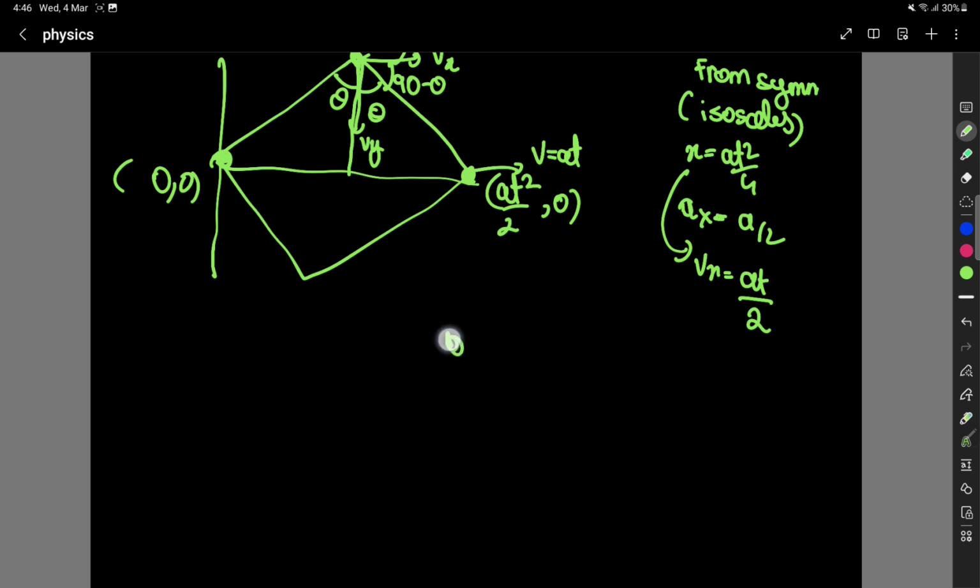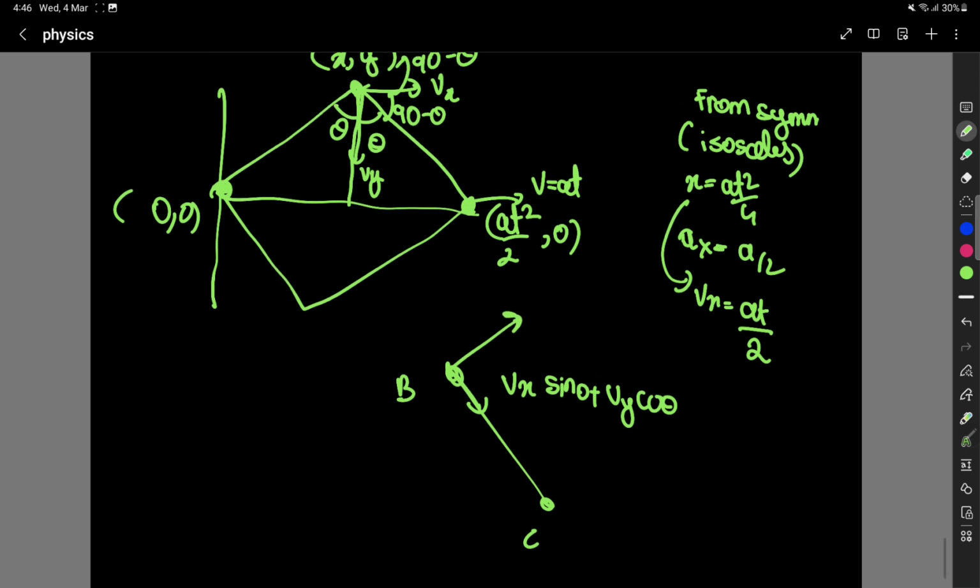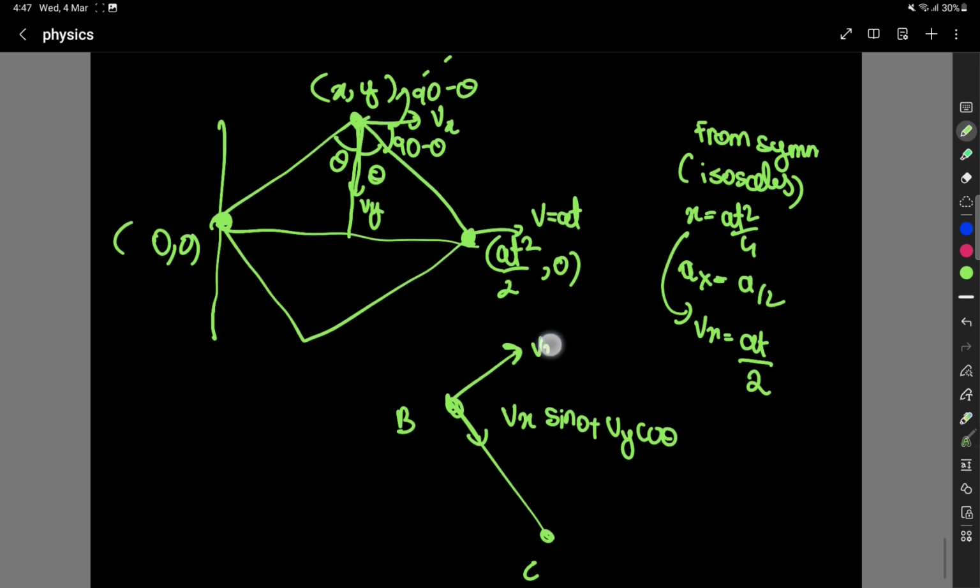If we look at this rod, BC, Vx cos of 90 minus theta, sin theta, is Vy cos theta in this direction, and in this direction it had Vx cos 90 minus theta, sin theta, is Vy minus Vy cos theta.